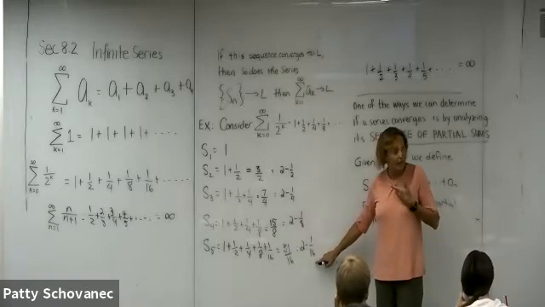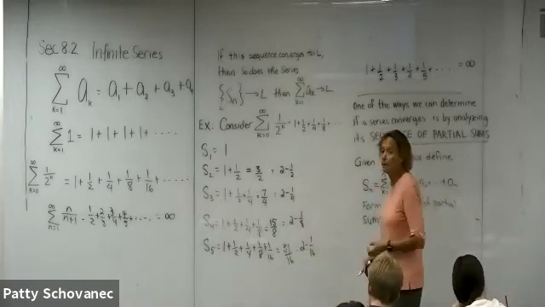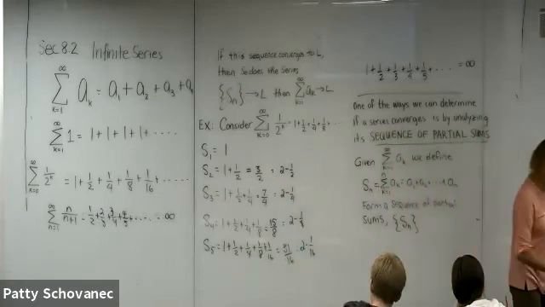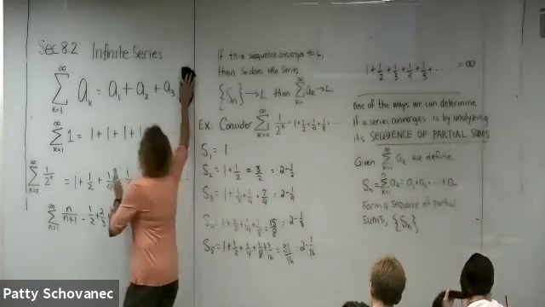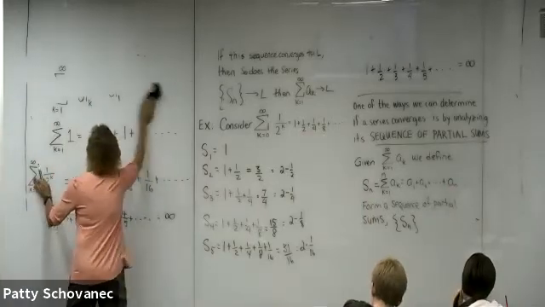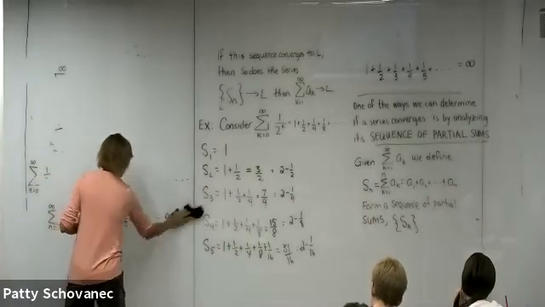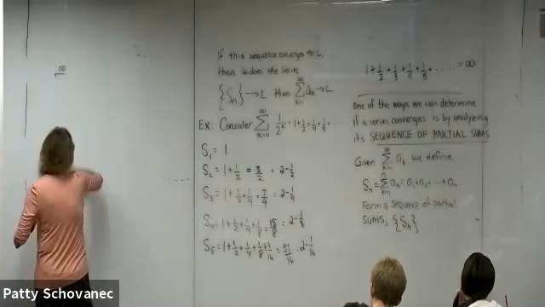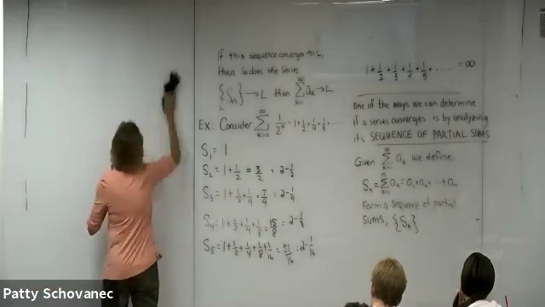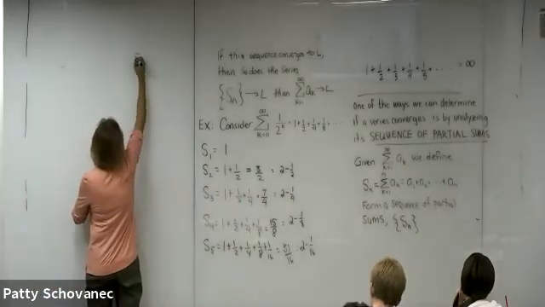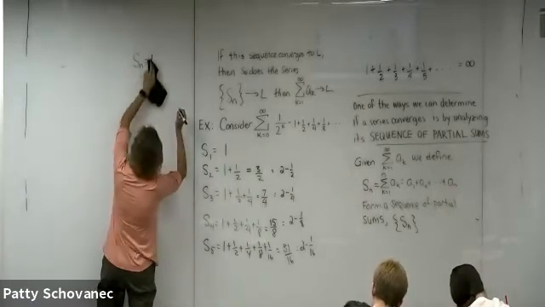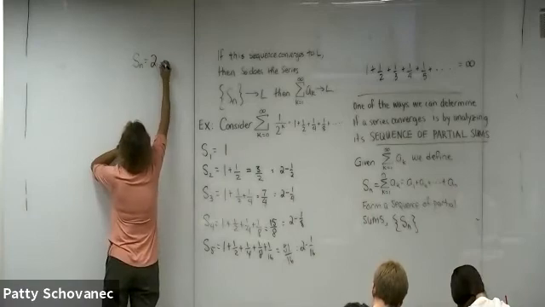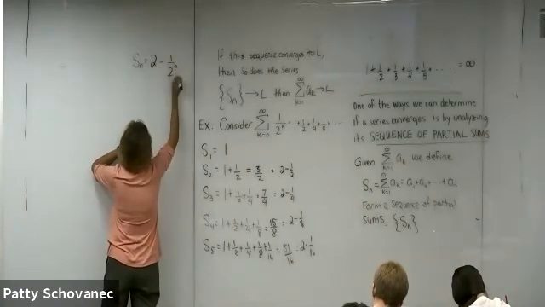So we can predict now that the nth term looks like 2 minus 1/2 to the n. Sn, just by the pattern we have viewed, looks like 2 minus 1/2 to the n.